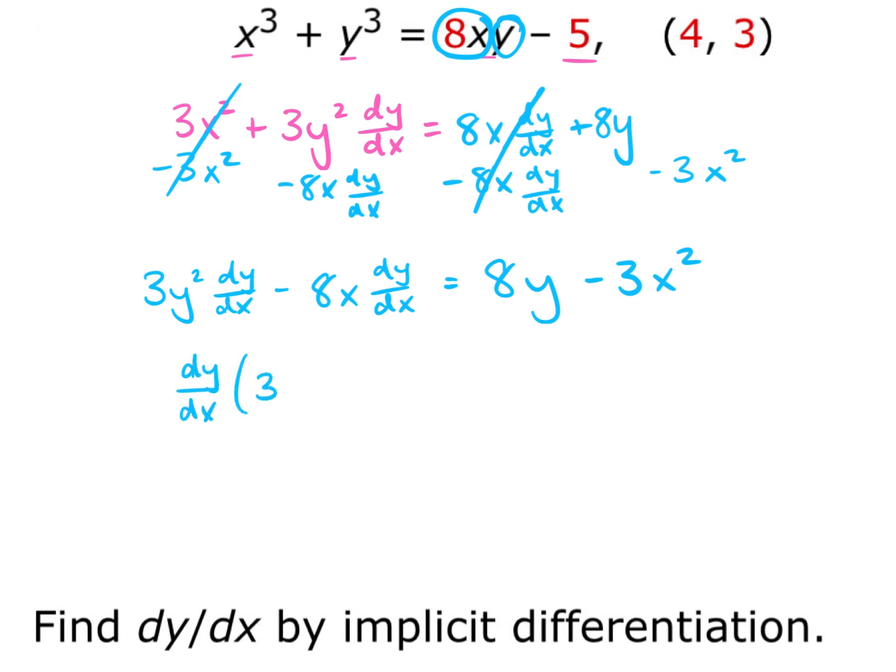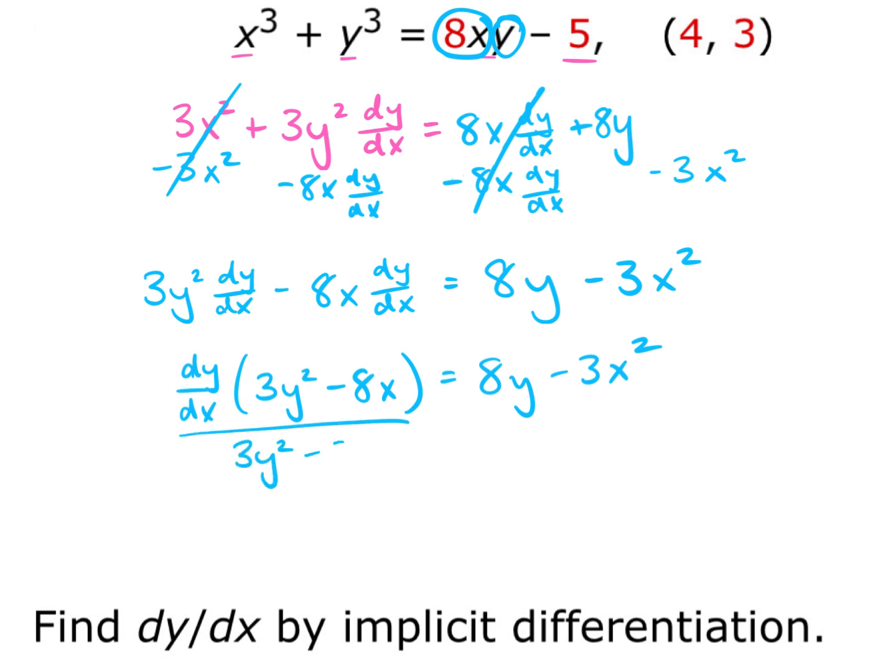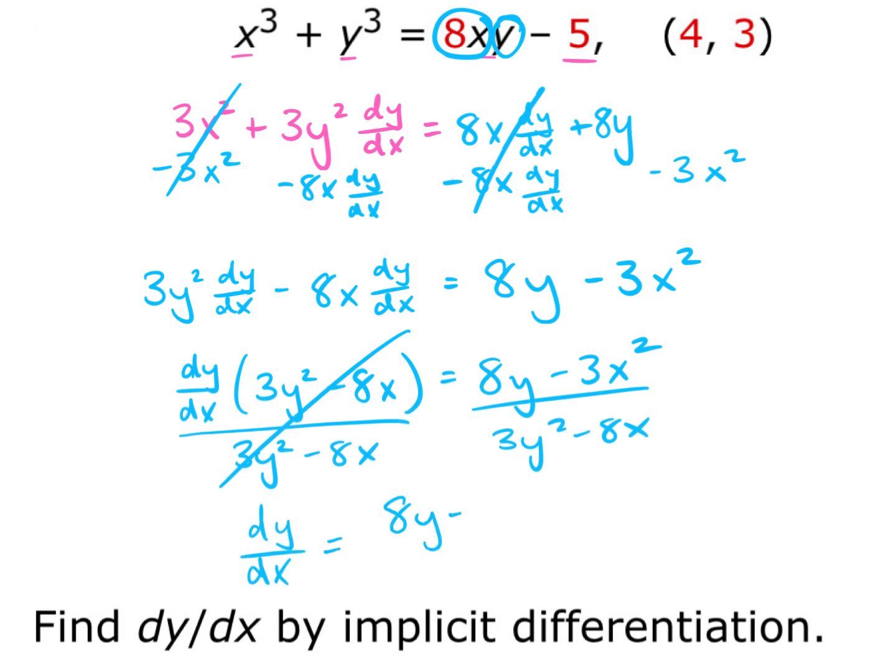And we're left with 3y squared minus 8x is equal to 8y minus 3x squared. Now, how would I get the dy dx all by itself? Awesome. I'm going to divide both sides by that 3y squared minus 8x. So our derivative, dy dx, is equal to 8y minus 3x squared over 3y squared minus 8x.